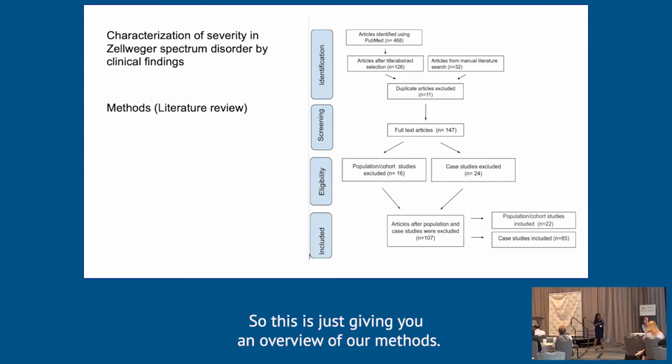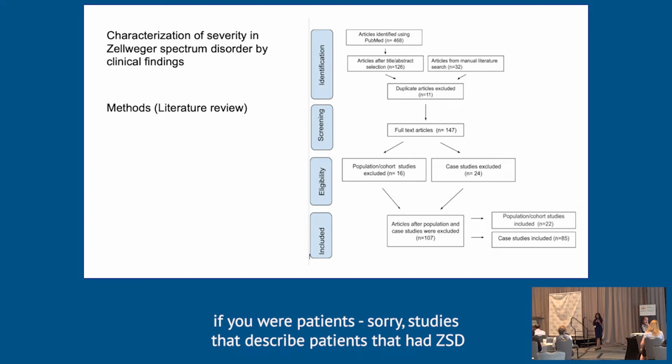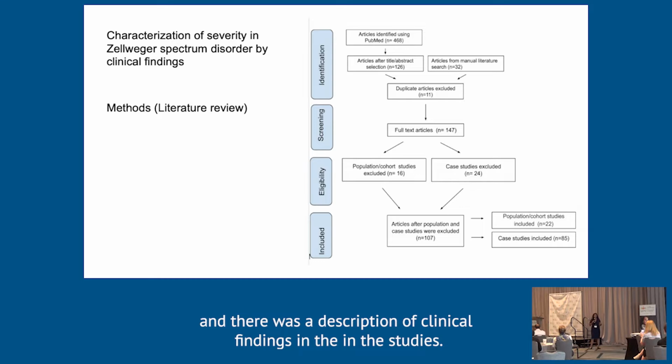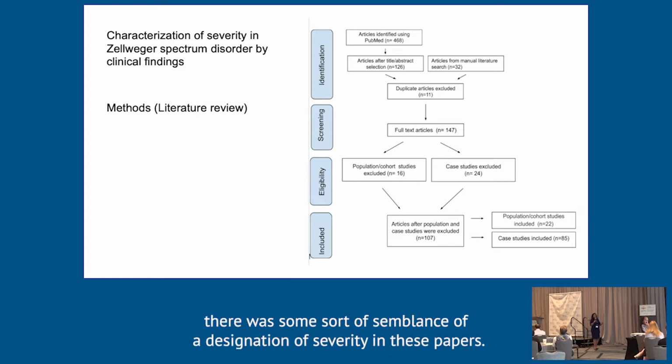So this is just giving you an overview of our methods, and basically our inclusion criteria for our literature review were studies that describe patients that had ZSD, and there was a description of clinical findings in the studies, and then also looking at papers where there was some sort of semblance of a designation of severity.